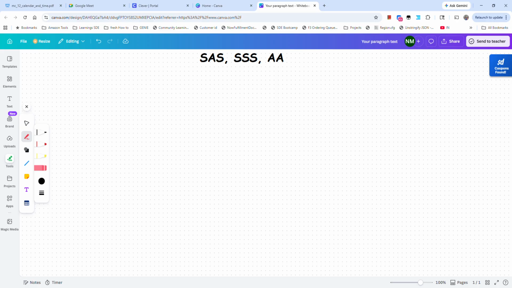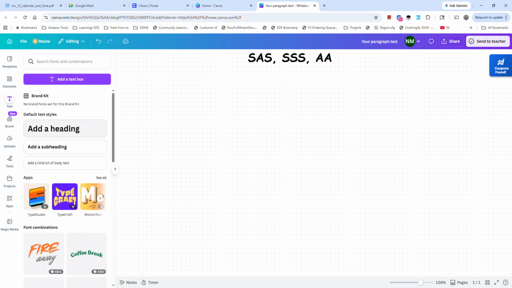For this, I'd like you to know another vocab word, which is congruent.